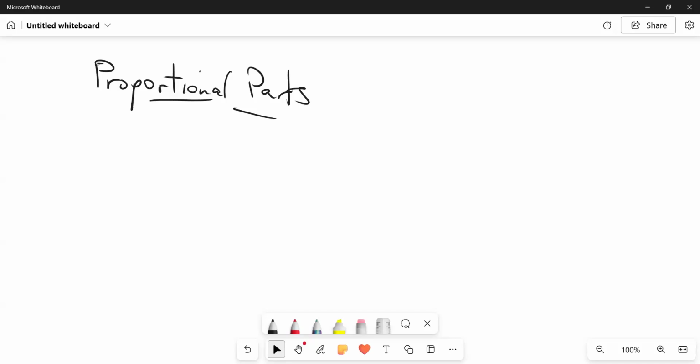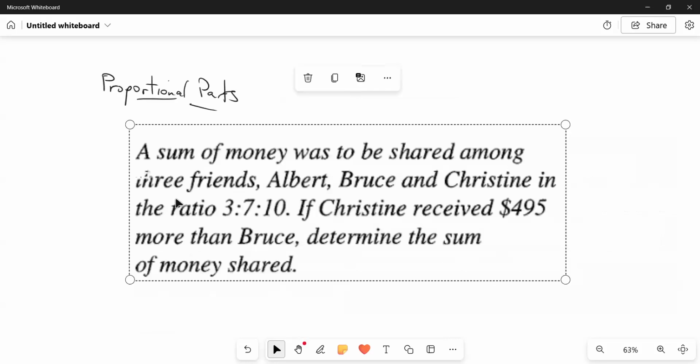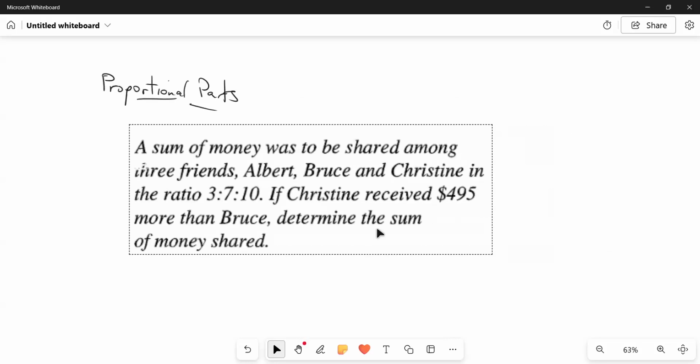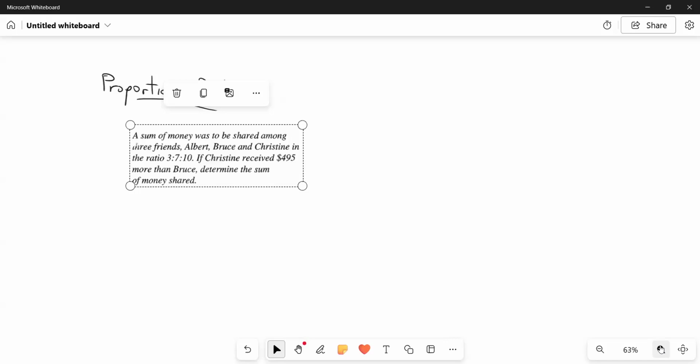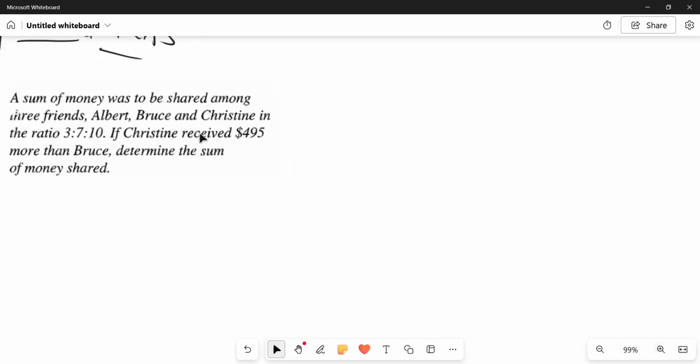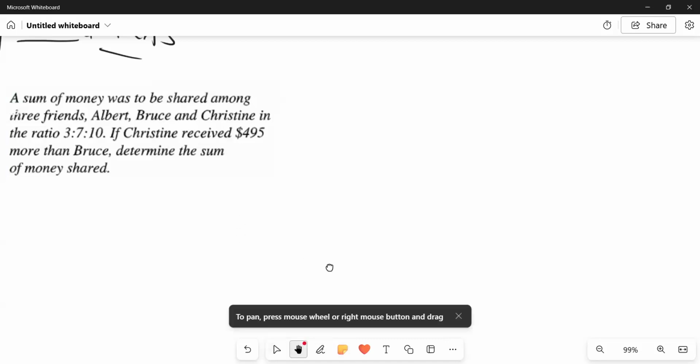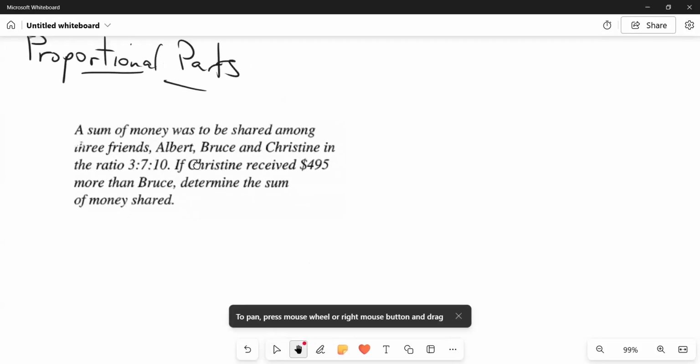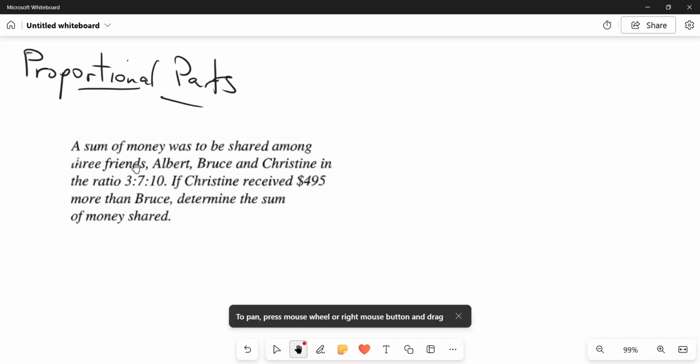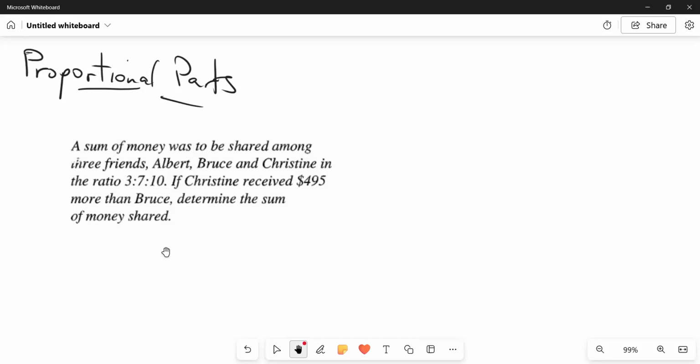Let me just pull up an example quickly. Look at this one. All right, look at this problem. So they're talking about a sum of money to be shared.